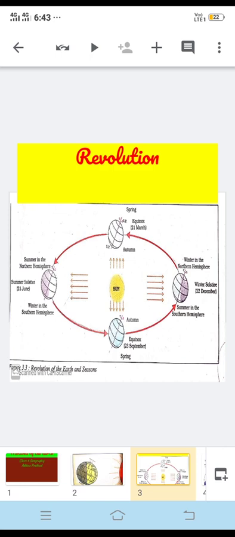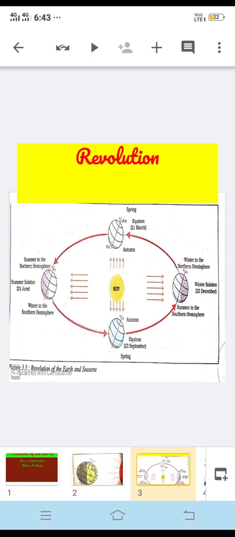So it is clear that the earth is going around the sun in an elliptical orbit, as I told. Notice that throughout its orbit, the earth is inclined in the same direction. Okay, so a year is usually divided into some seasons.